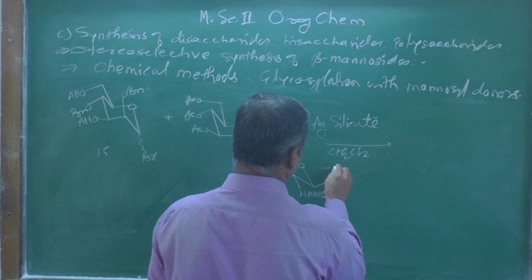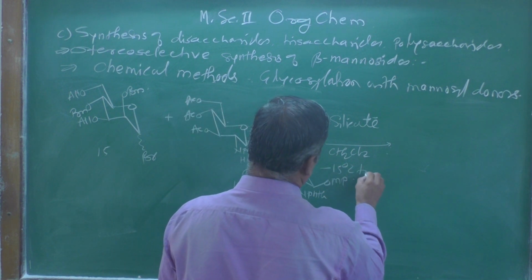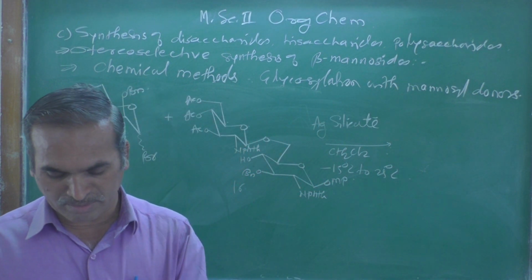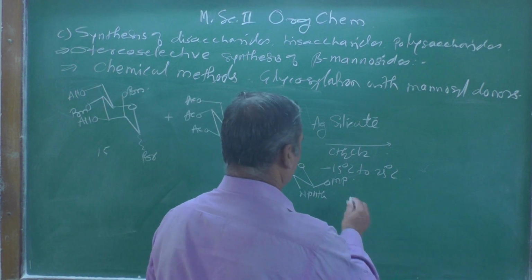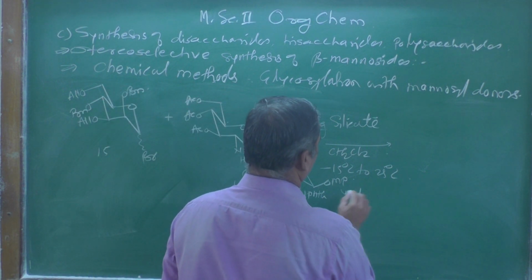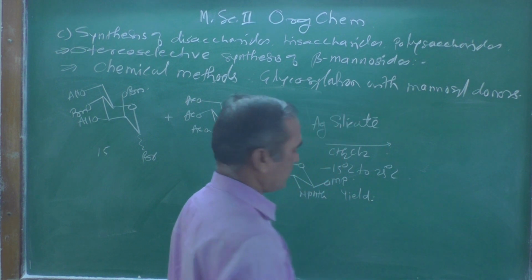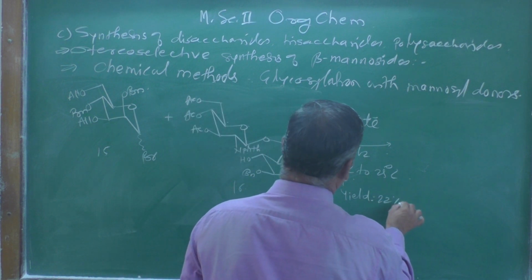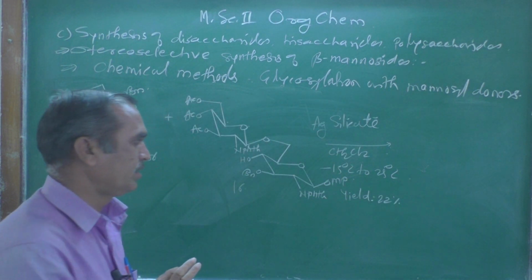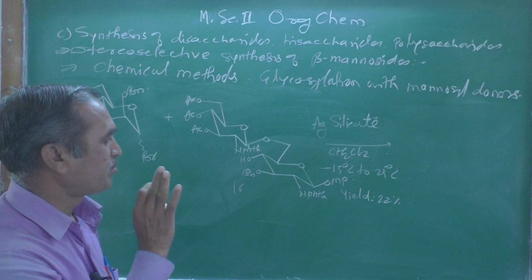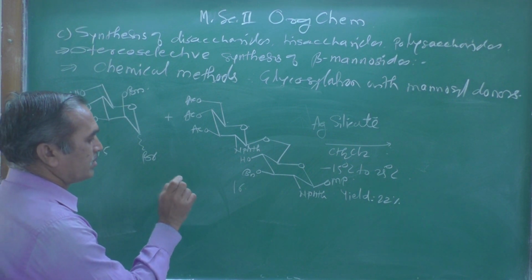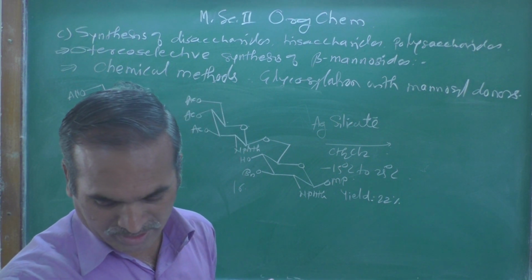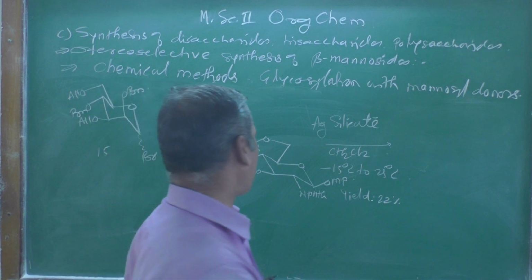The temperature is near about minus 15 degrees centigrade to 25 degrees centigrade, 25 being room temperature, and the yield they got was near about 22% only, which is a very low yield when they prepared the trisaccharide. If you observe this structure, you will get a trisaccharide structure here.